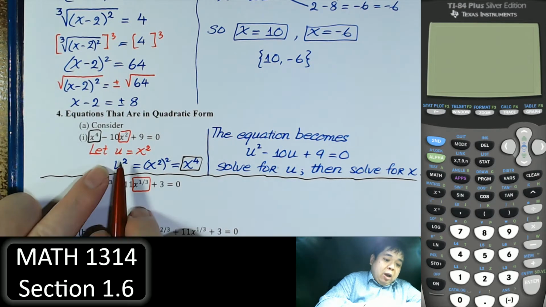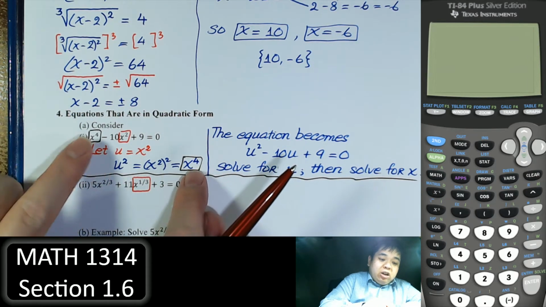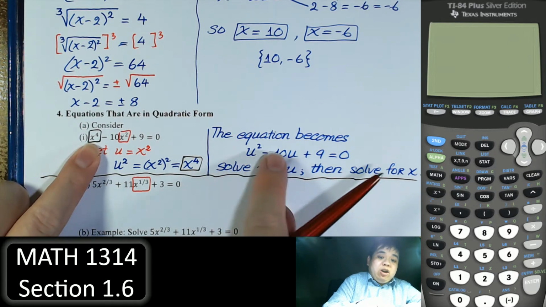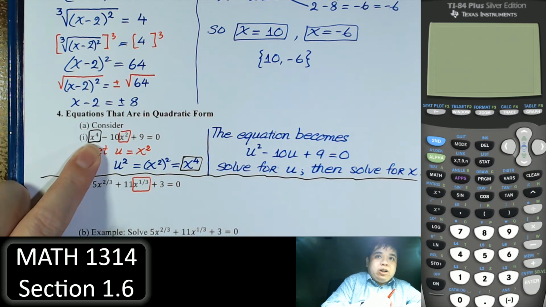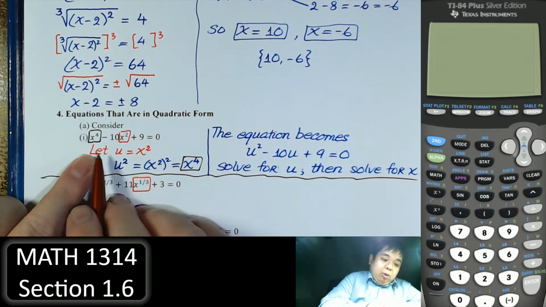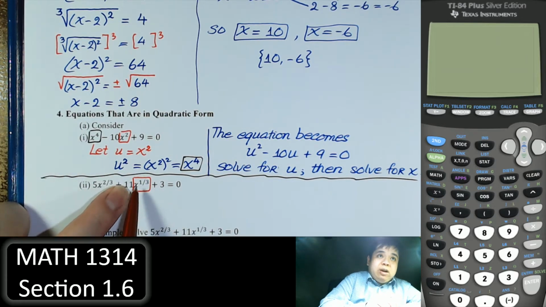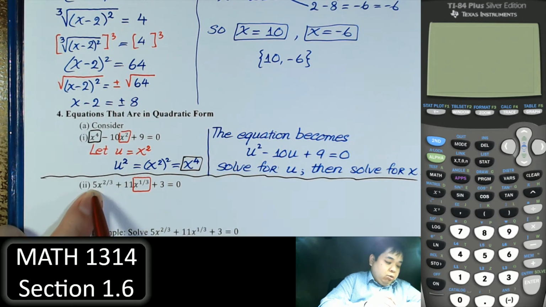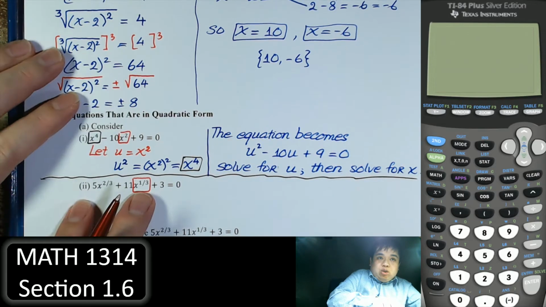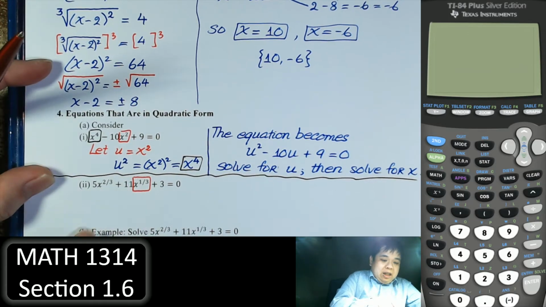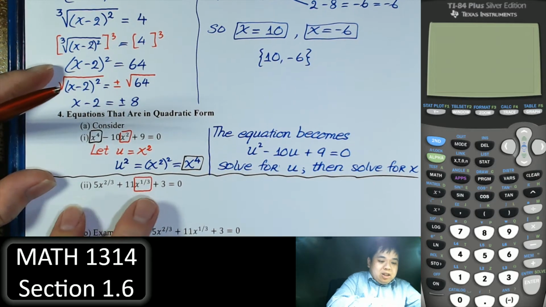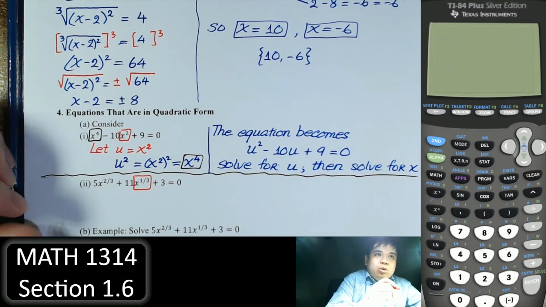By the way, when we square, if that is not equal to x to the 4th, we cannot write it as a quadratic equation. So let u equal one of the terms and then square, and then check to see if it is equal to the other term. Sometimes I just switch these 2 terms, so sometimes u might be this term and u squared might be that.